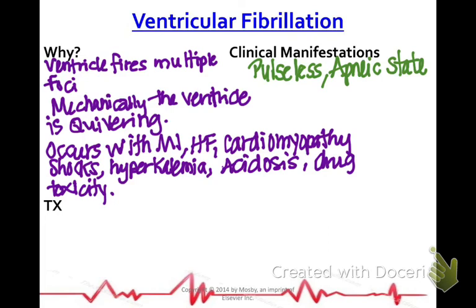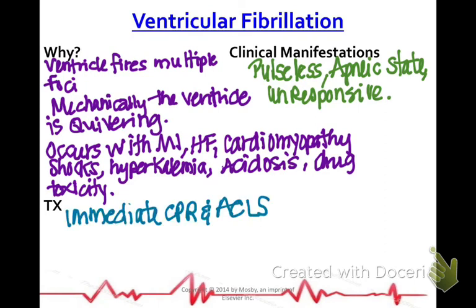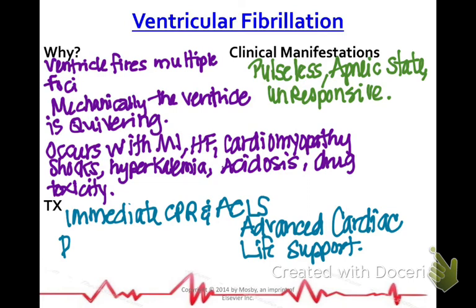CPR, call a code, ACLS protocol, shock them. They're usually unresponsive, so immediate CPR and ACLS, or advanced cardiac life support. Most of the time, these people will get defibrillated.